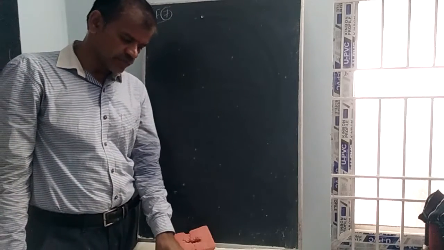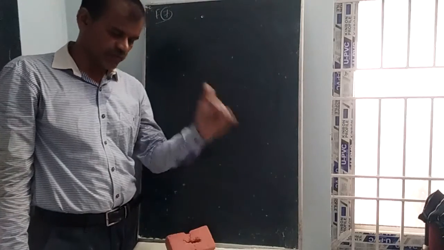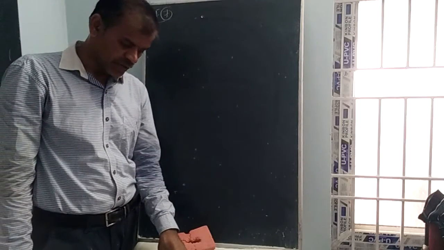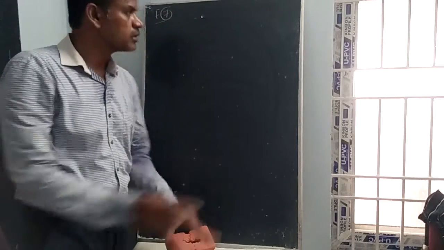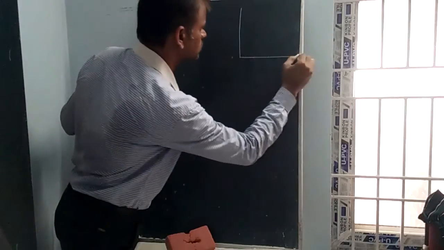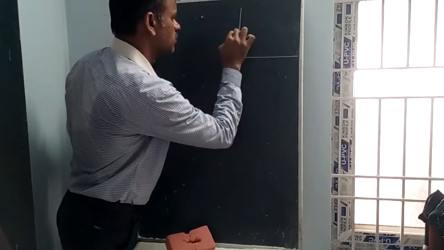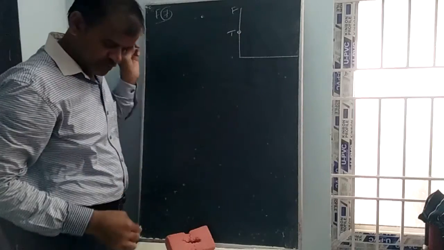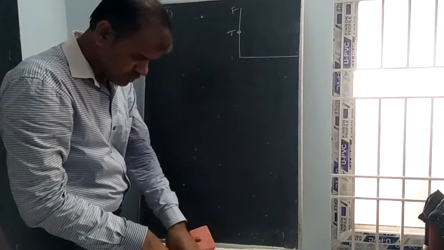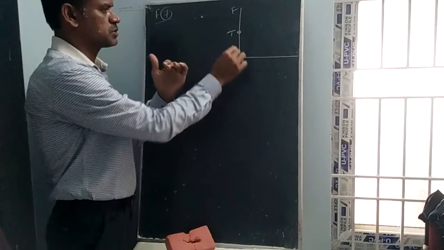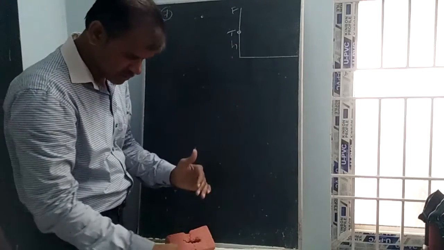A flag staff stands on the top of a tower of height h meters. This is the tower. On the tower, the flag staff is there. This is h meters.